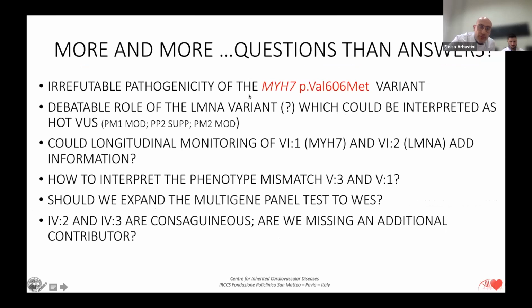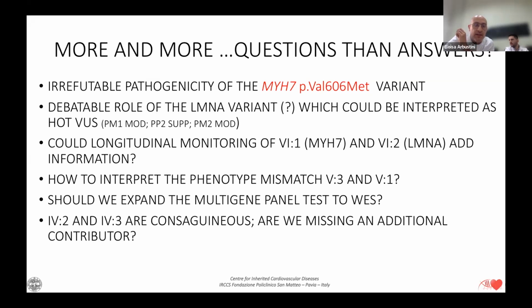So these cases raise more questions than answers, exactly as the cases before, because beside the irrefutable pathogenicity of the variant in MYH7, there could be a debatable role of the LMNA variant that could currently be interpreted as a hot VUS.